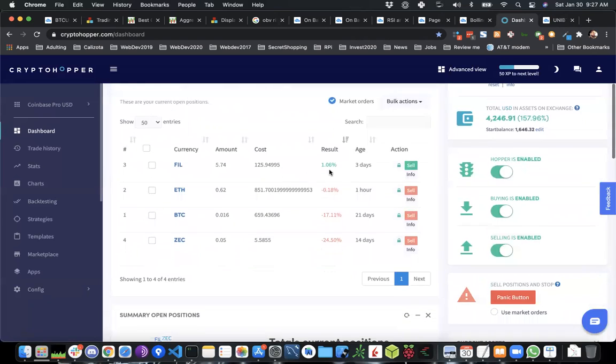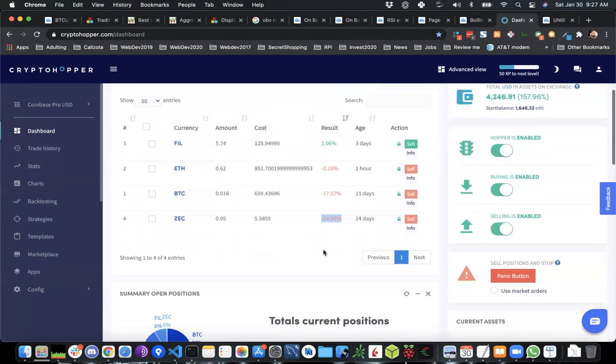But what you're seeing right now is what I was describing earlier. This Phil coin is actually trading against the US dollar at 1.6% after 3 days. Meanwhile, ZEC coin is down 25% against the dollar, but it's been holding for 14 days.